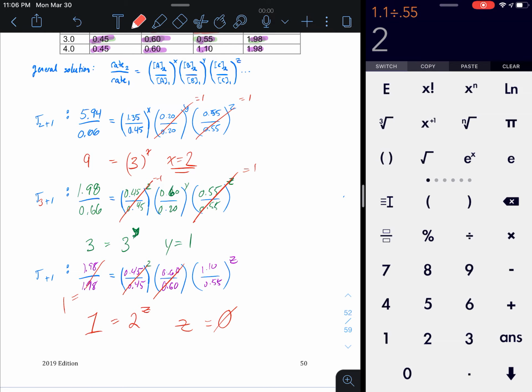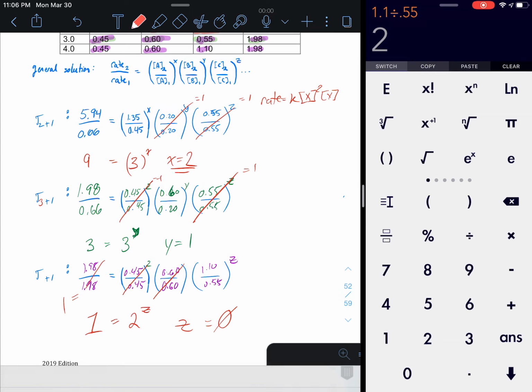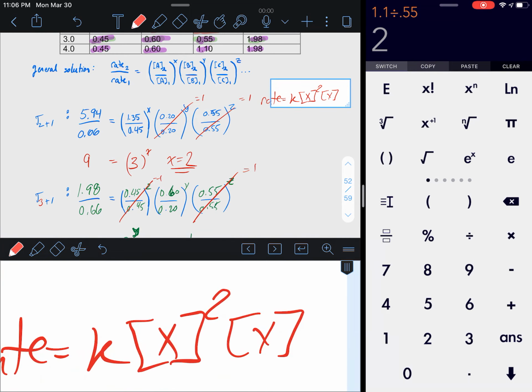So our final rate law will be rate equals k times x to the power of 2 times y. And I am not even going to write the z into my rate law because it has an exponent of 0, which means its value is 1.